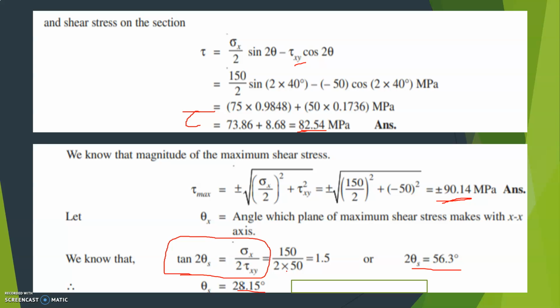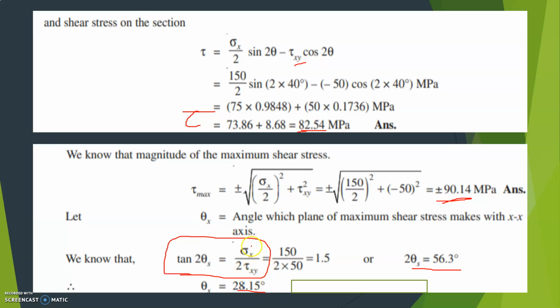This way you can calculate the magnitude and the direction of the shear stress. Here you only have to remember that the magnitude of the maximum stress is equal to square root of (sigma x divided by 2) whole square plus tau square xy. Substitute, then tan 2 theta s is equal to sigma x divided by 2 into tau xy.